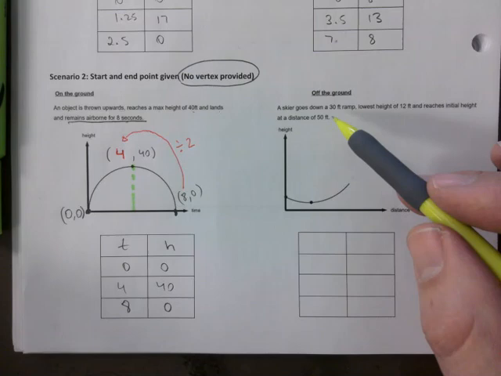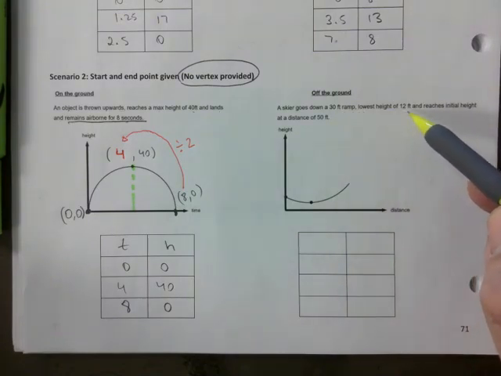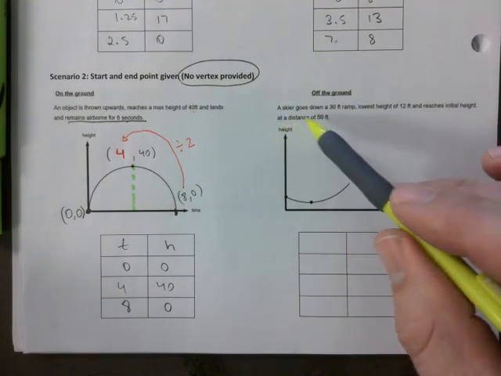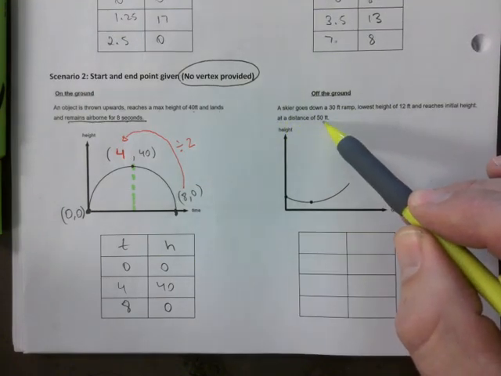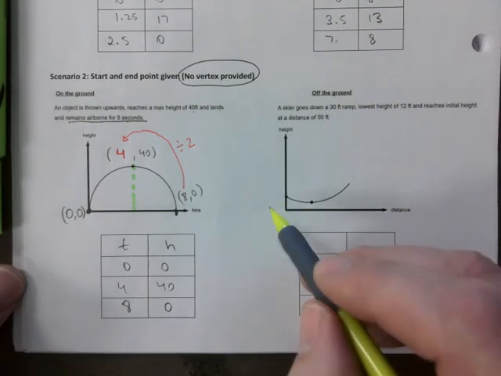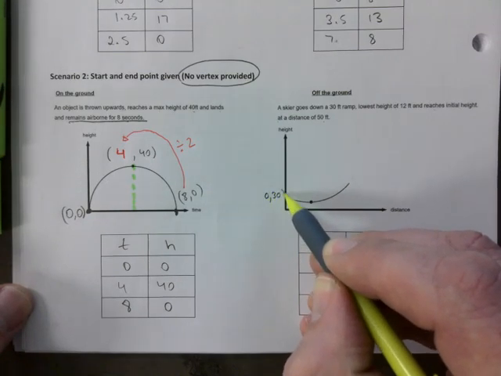And here it is, the one that's facing up. A skier goes down a 30-foot ramp. The lowest height it ever reaches is 12 feet and reaches the initial height at a distance of 50 feet. Come up with the equation. We're told that the ramp is 0, 30, right?